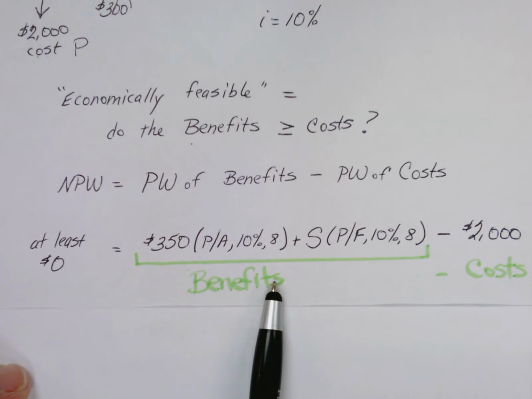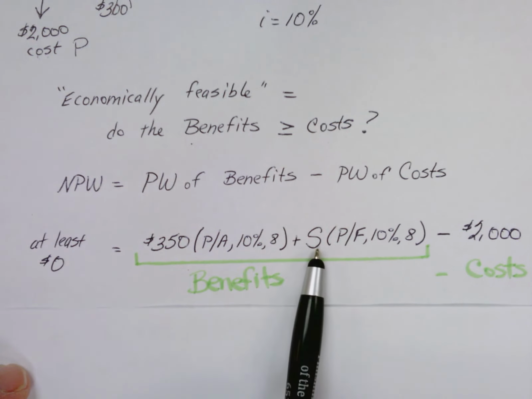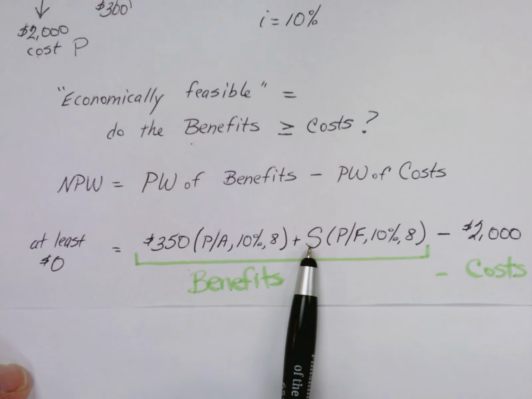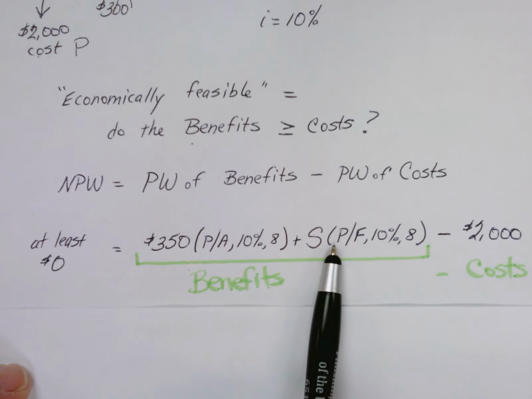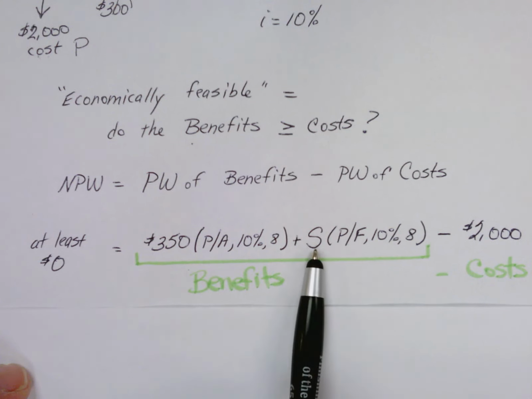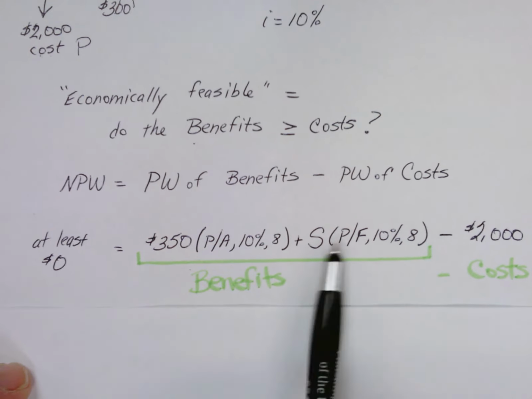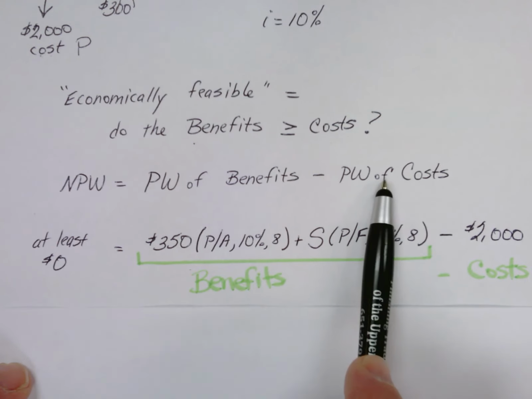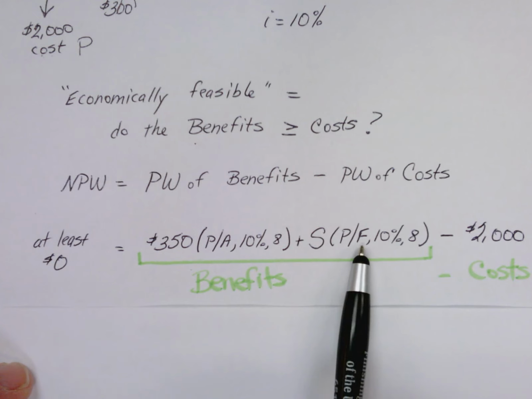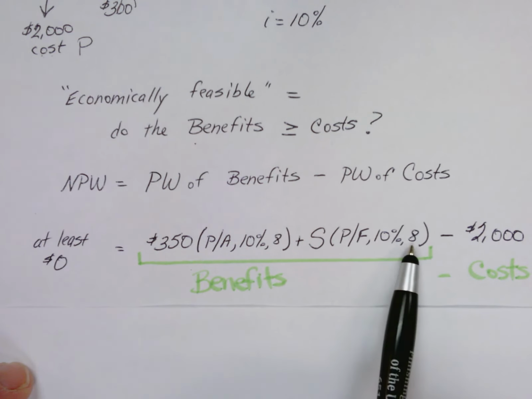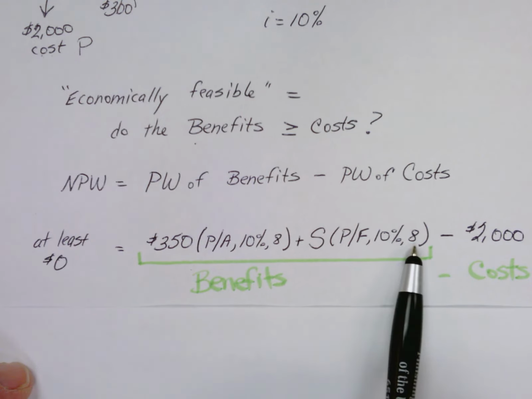We have another cash flow in, another benefit, and that's what we're looking for, the future salvage value or selling price of this asset. That's what we're looking for, find S, right? We want to bring it back to present day dollars. We want to bring that future amount of that selling price in the future back to present day dollars. So everything is stated in present day dollars. So find P given the amount of this future cash flow, 10%, 8 years. That's all the benefits that we have.